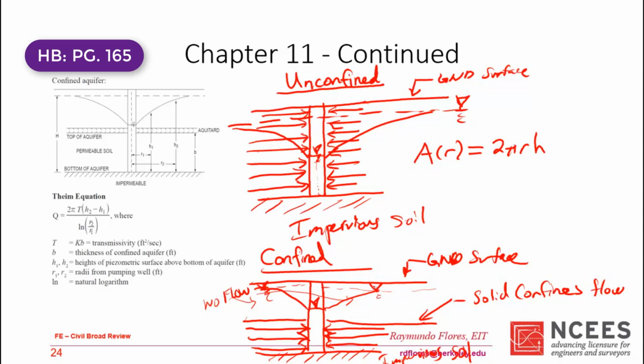Even though the water table is above where you have flow, even though you have the flow here and the water table is above the flow region, this is the case, and as a result, what we get is that A of R is 2 pi, well, you'll have R, but because it's only in this region, it's B. This is B. 2 pi RB, right?